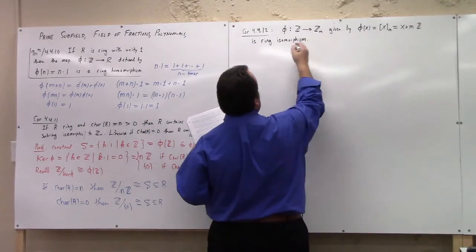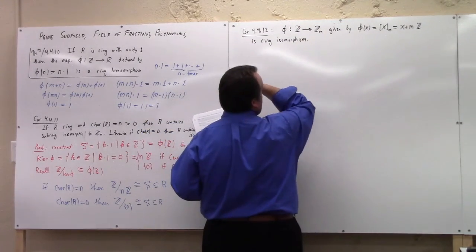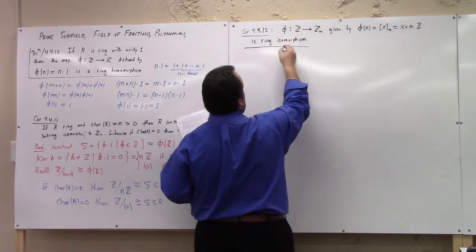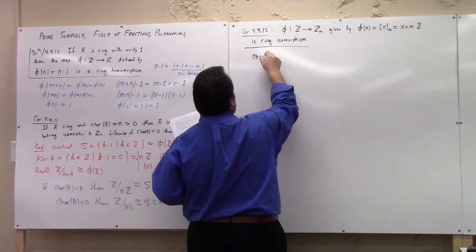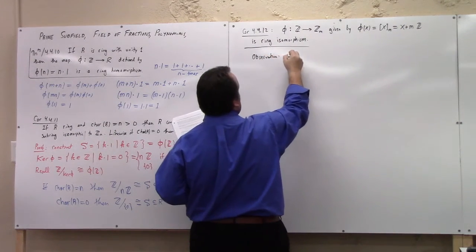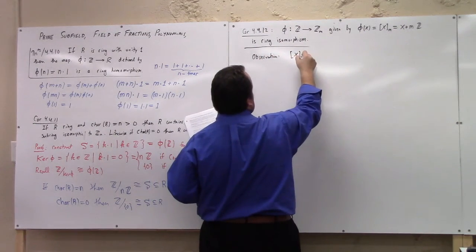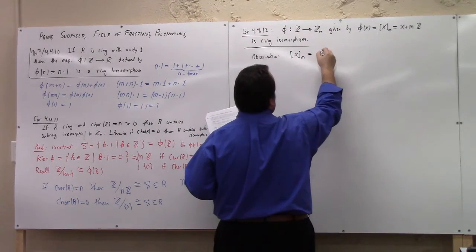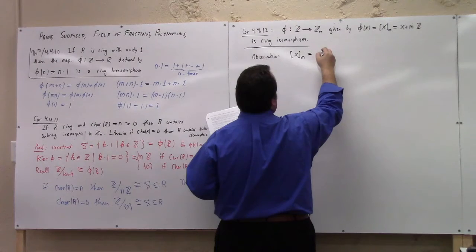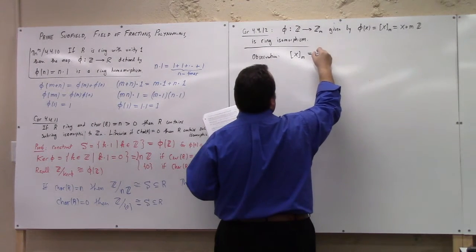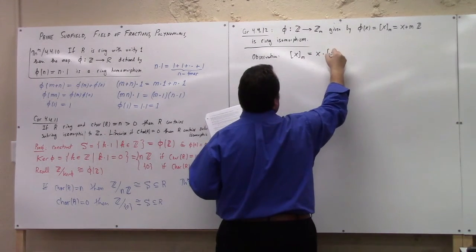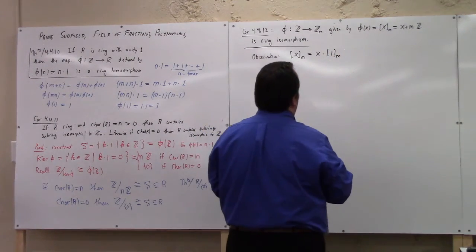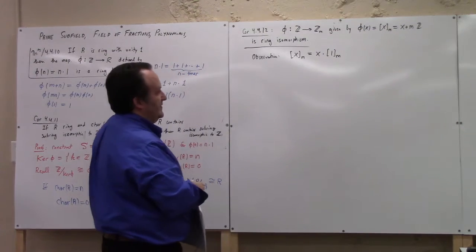Because basically the key observation is just this: the equivalence class of the representative x is x times the equivalence class containing 1. So it is that construction again.